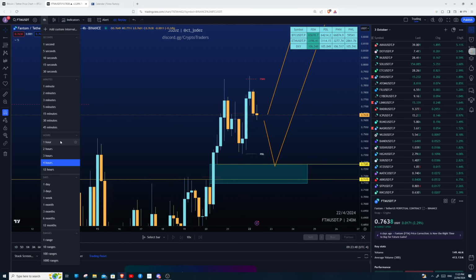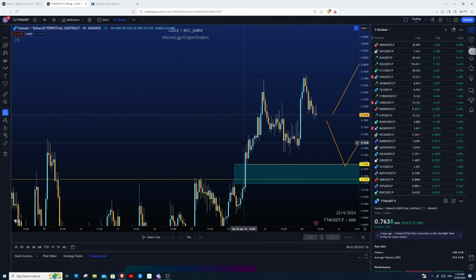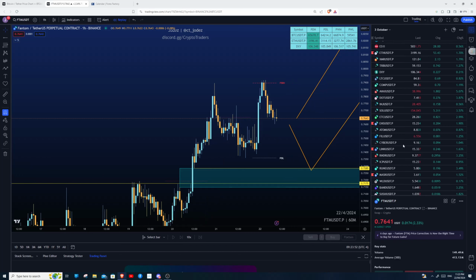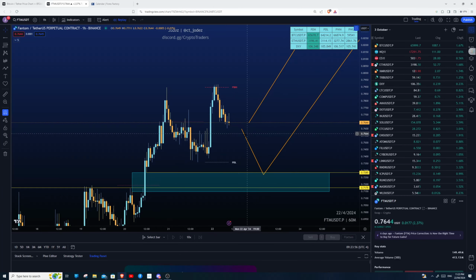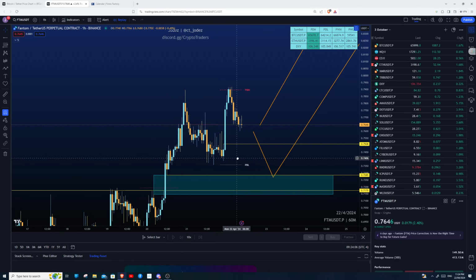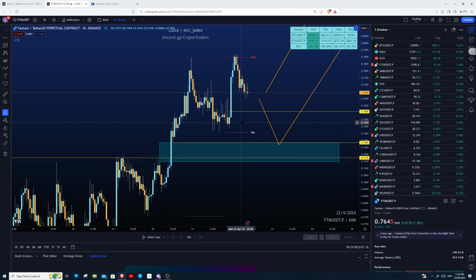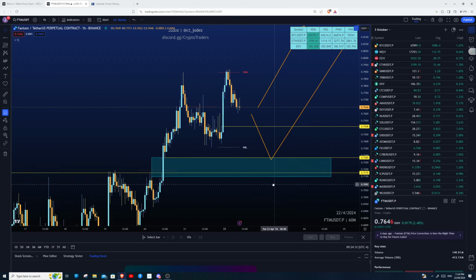Yeah, so it kind of depends if you're using large margin or not. If you're scalping and using large margin, then that stop loss is reasonable, because you don't want to see price really go below 0.75. If it does go below 0.75, it can go all the way back to this blue box here.